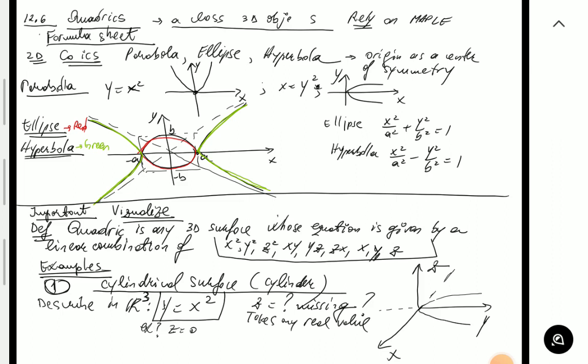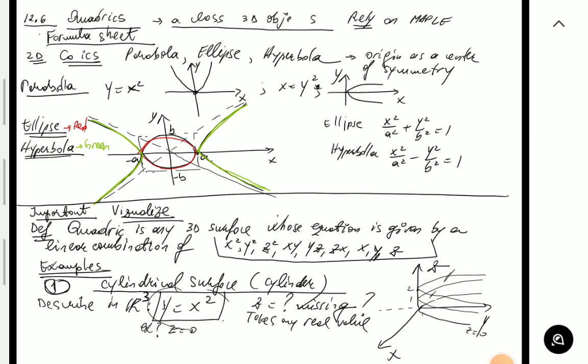Okay, but as z varies, let's say this is for z equals 0, but let's say z equals 1. X and y still describe the same motion on a parabola. So now you have a parabola localized on an upper plane here at z equals 1. And you can imagine what goes on. If I pick another value for z, x and y describe again another parabola.